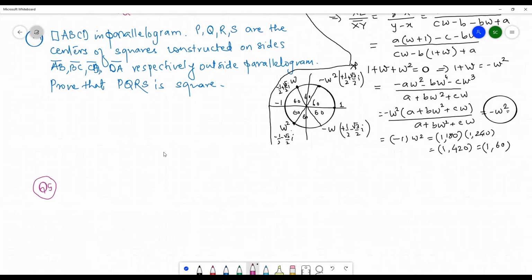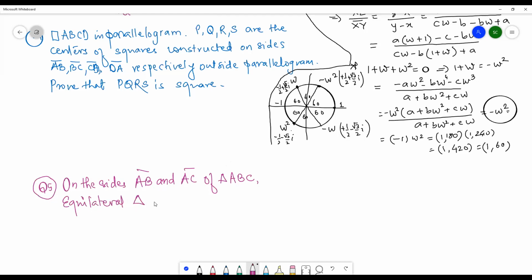On the sides AB and AC of triangle ABC, equilateral triangles ABM and ACN are constructed external to ABC.